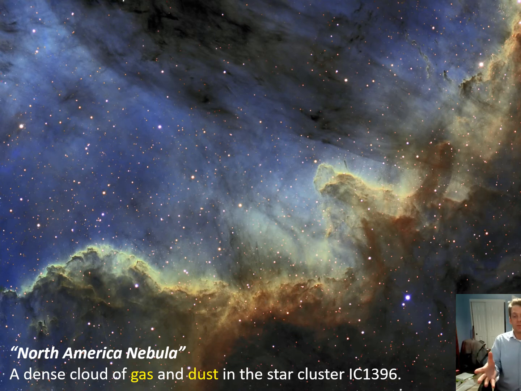I don't know if someone did. I don't know why it's named that. Maybe it was just observed in North America for the first time, and they decided to name it after that. In any case, this happens to be in a star cluster with a really helpful name of IC 1396. So anyway, this is just another one that looks much cooler than its name would suggest.